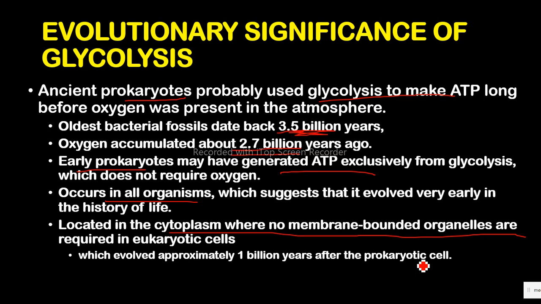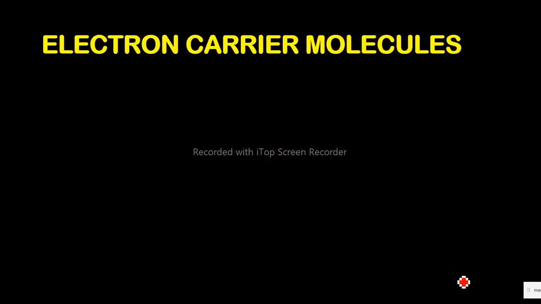And they had nothing like the Krebs cycle, nothing like the electron transport system. Why? Because they didn't have the mitochondria. And why? Because the environment was poor in oxygen. These organelles evolved approximately 1 billion years ago, after the prokaryotic cells.